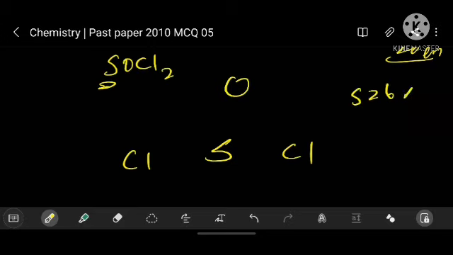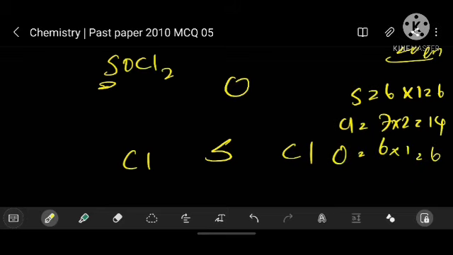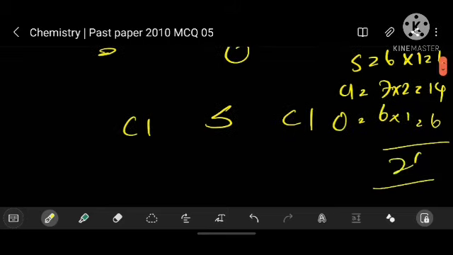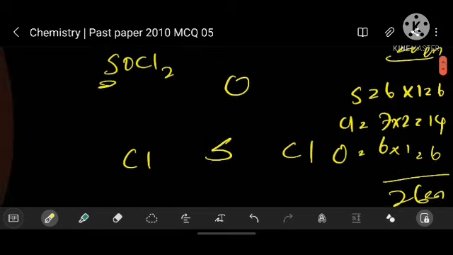Sulfur is 6 into 1, 6. We have 2 chlorines, 7 into 2, 14. We have 1 oxygen, that is also 6 into 1, 6. We have 26 electrons, total valence electrons.